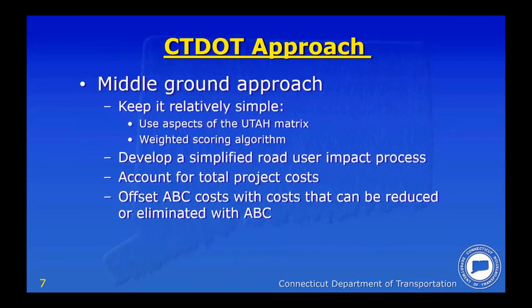So that's what we did. We took a middle ground approach using the best of what we found with the Utah DOT matrix. One of the features was creating a weighted scoring algorithm, and we'll get into that very shortly here.